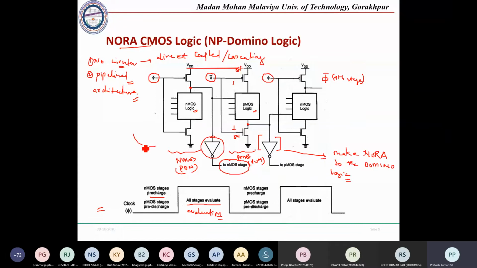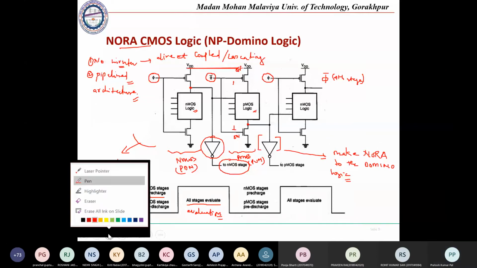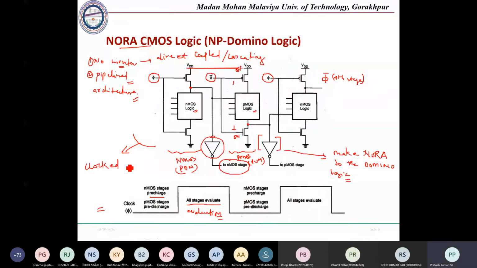So the structure of the Nora logic is considered as clocked CMOS logic. So this is called clocked CMOS, or we call it C square MOS.